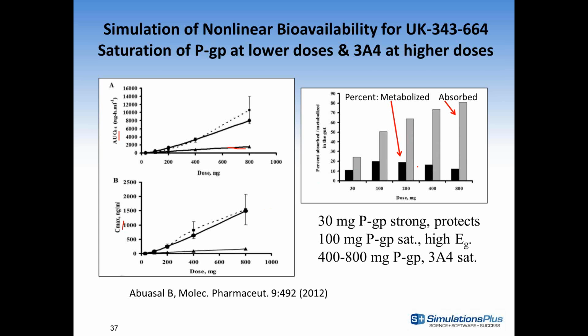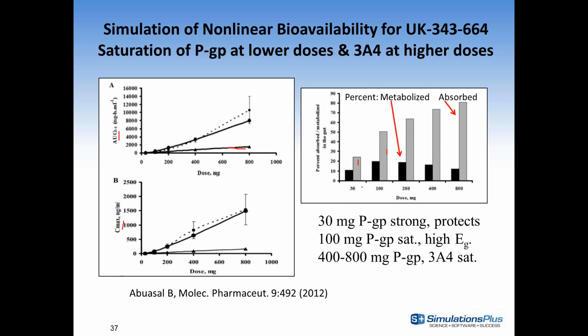When we developed the PBPK model for this, we had to use some in vitro values for 3A4, but we did have to fit the Km for the PGP. And these bar graphs are showing at different doses what the fraction absorbed would be in the gray versus the fraction that is metabolized.